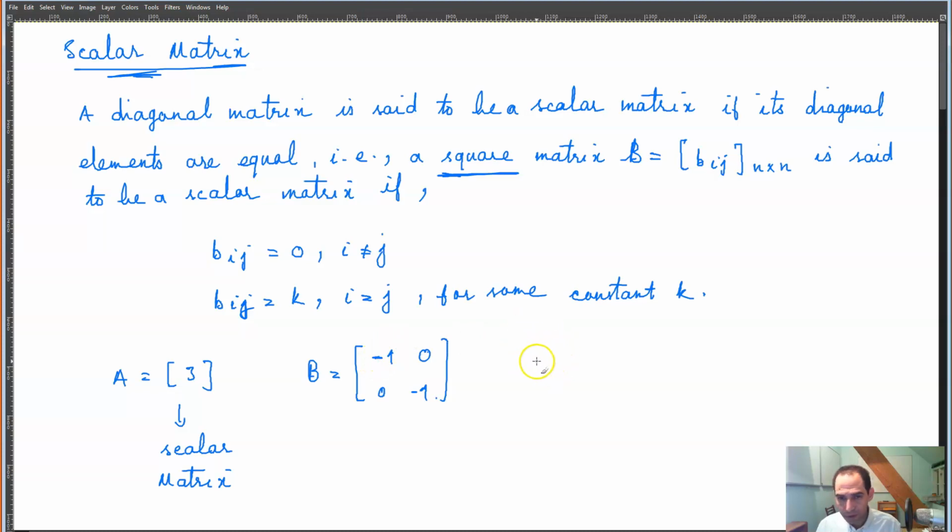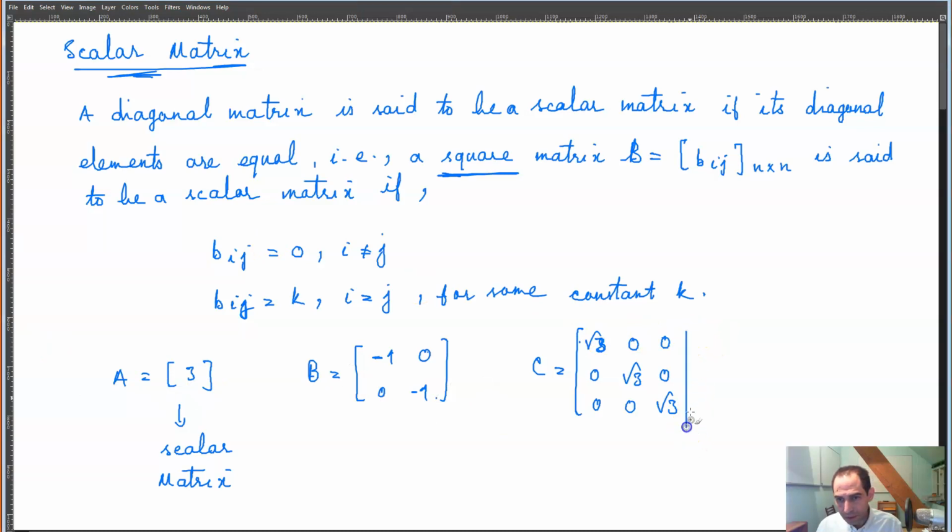Or for example, this matrix C, you have square root of 3, 0, 0. You have 0, square root of 3, 0. And you have 0, 0, square root of 3. Right?